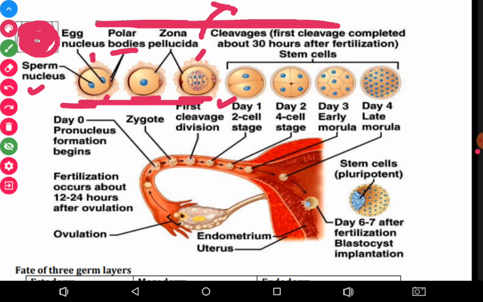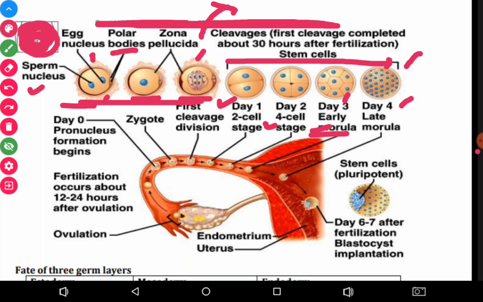So this is the first division. Cleavage takes place, in which 2 daughter cells are formed. Another division takes place, then 4 daughter cells are formed, and again and again it becomes about a 16 to 18 cell structure. Then this is called the morula, and further about a 64 cell structure.